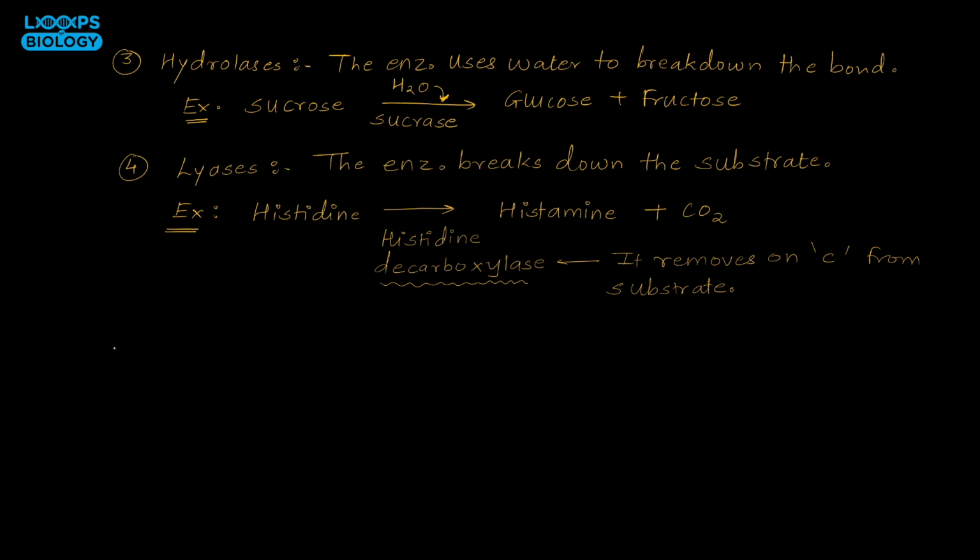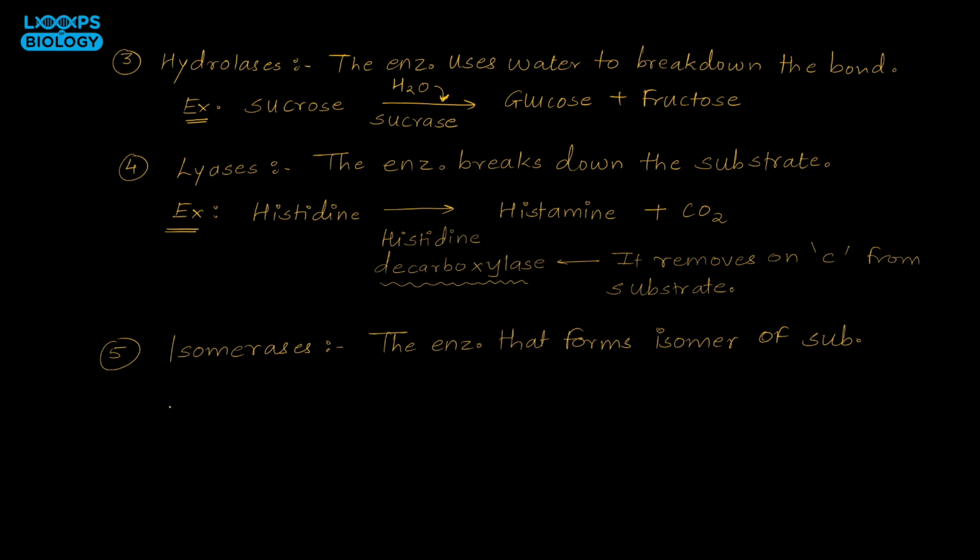Next case is isomerases. As the name suggests, guys, isomerases play a role in the formation of isomers. So the enzyme that forms isomers of the substrate is nothing but your isomerase.